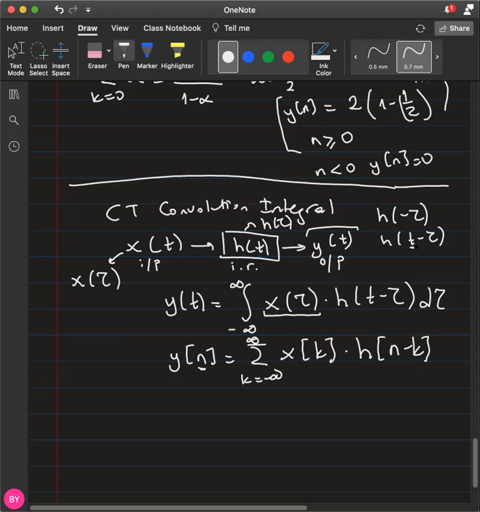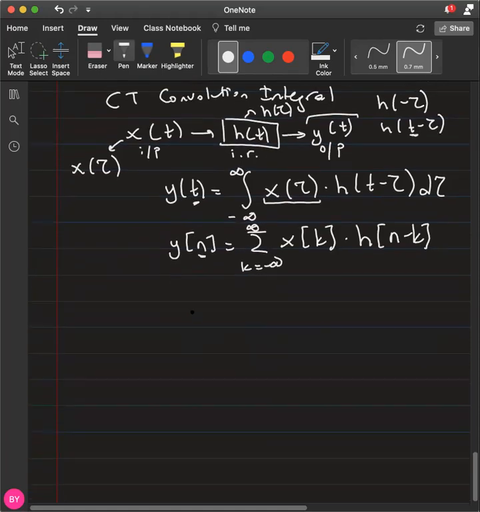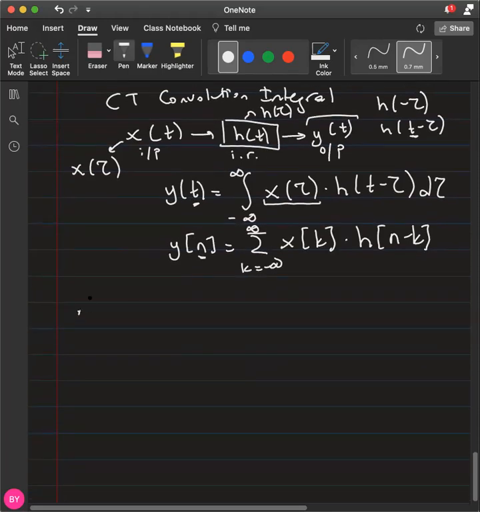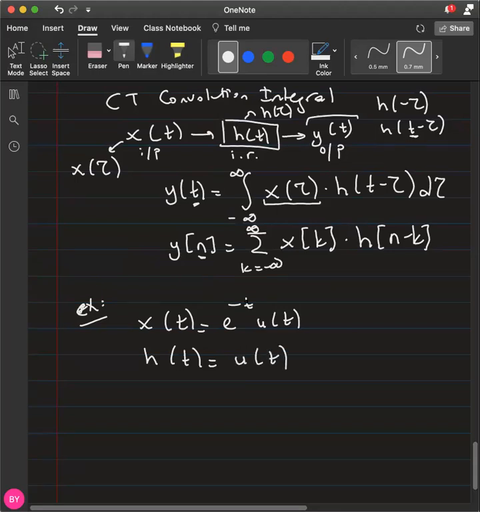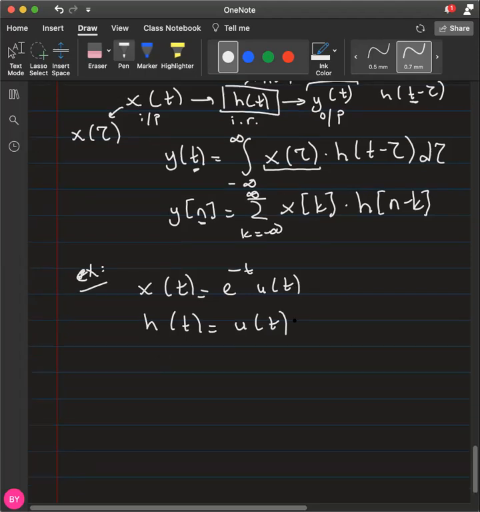Now we will have a t second shift, and this t will be the time value of the output at this point, okay? So if we continue like that, let me explain this using one example. x of t is e to the power minus t u of t, arkadaşlar, and h of t is given as, let's say, u of t, as we mentioned in the discrete time case.